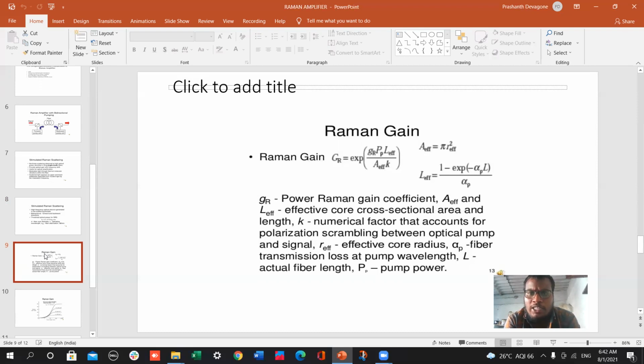K is a numerical factor that accounts for polarization scrambling between optical pump and signal. r_eff is the effective core radius, alpha_P is the fiber transmission loss at the pump wavelength, L is the actual fiber length, and P_P is the pump power.